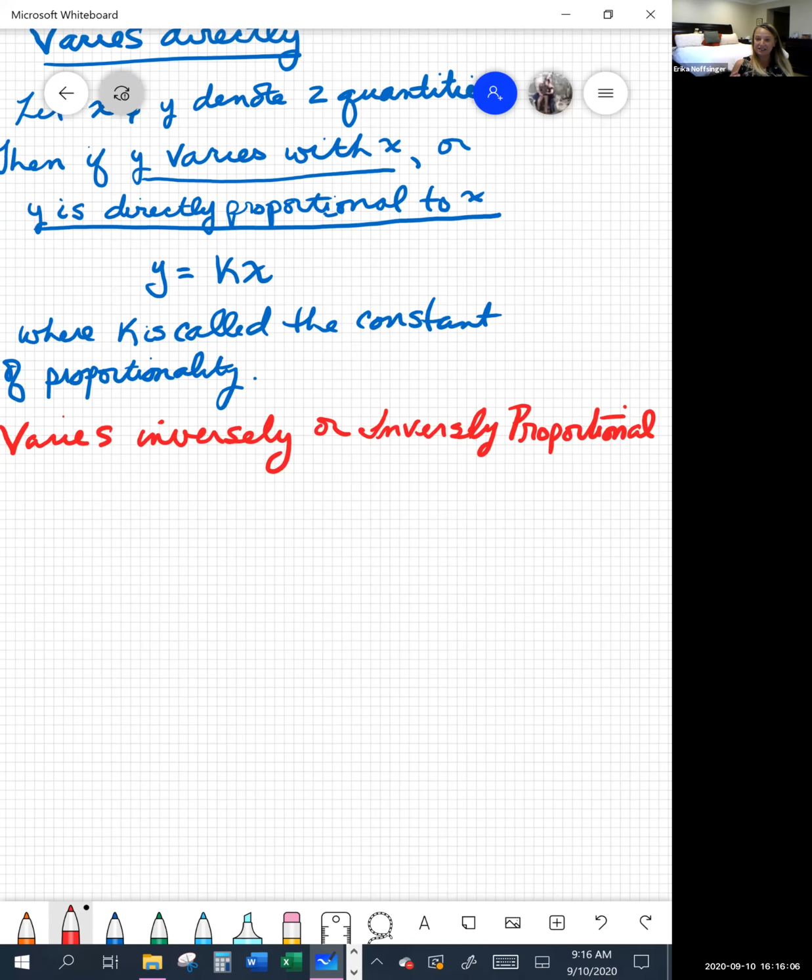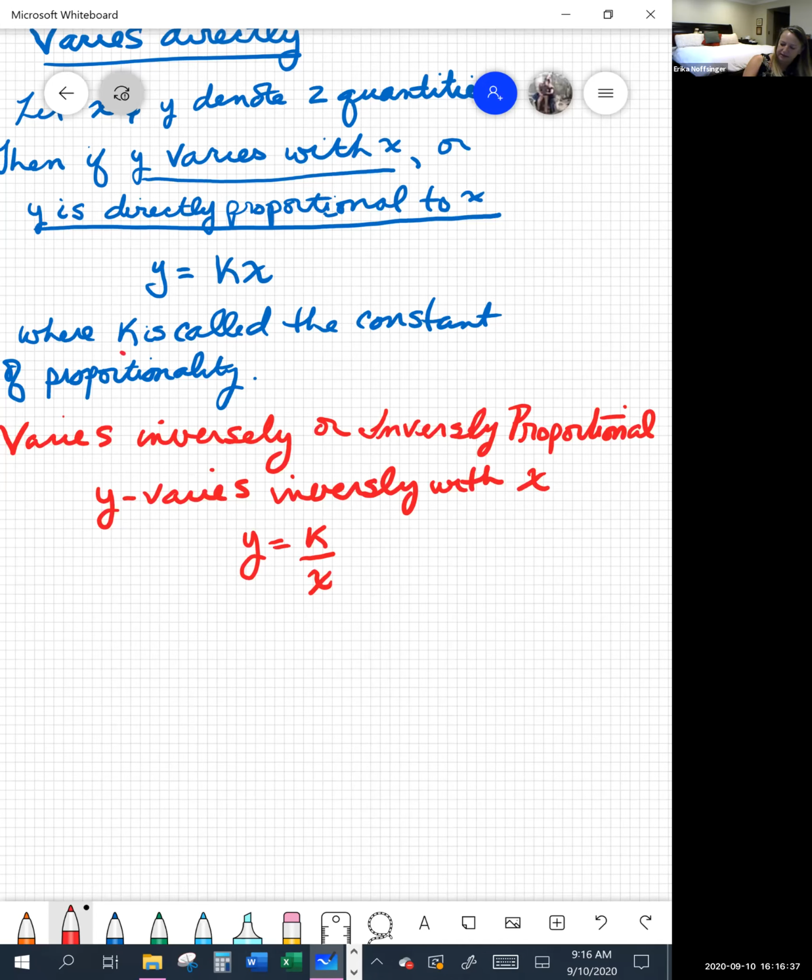Again, X and Y are our two quantities. If it says that Y varies inversely with X, then we would write this as Y is equal to K all over X, where again K is our constant.